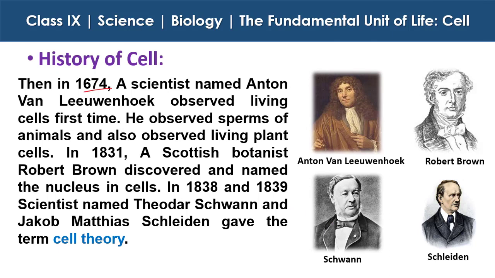Then in 1674, a scientist named Anton van Leeuwenhoek observed living cells for the first time. He observed sperms of animals and also living plant cells. Then in 1831, a Scottish botanist named Robert Brown discovered and named the nucleus in the cell.